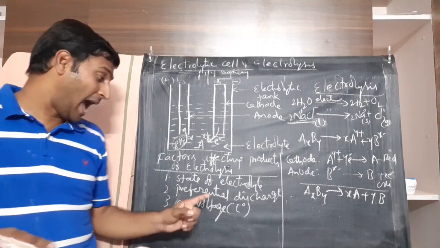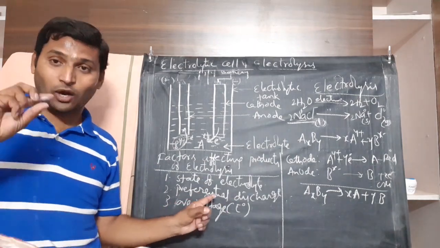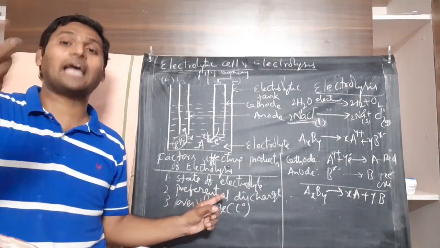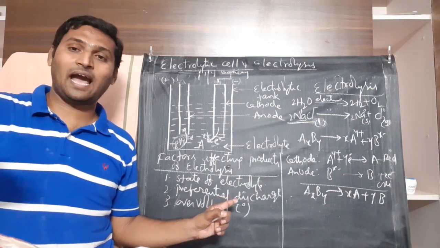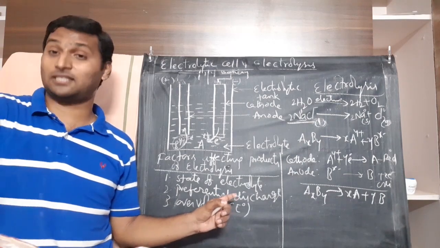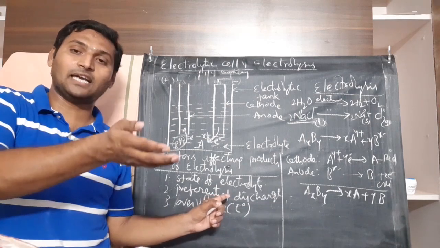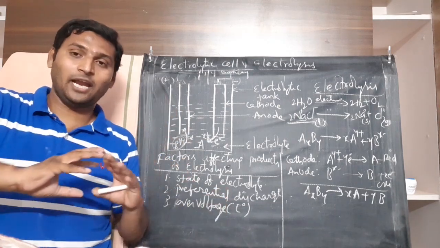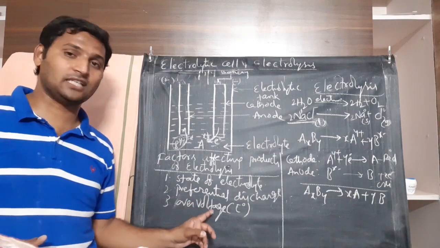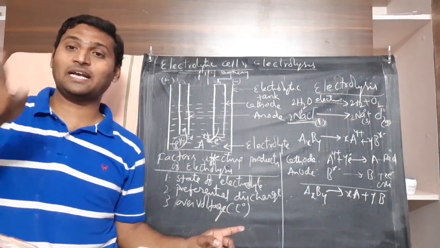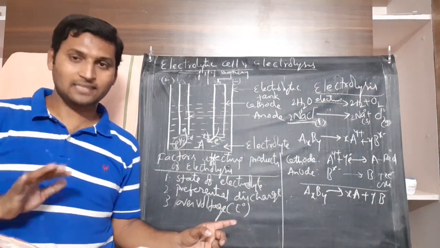That's why, as per the preferential discharge theory, whatever you account, that may not happen. Means the one having lower potential may not undergo oxidation at anode. The one having higher potential may not undergo reduction at cathode. It might reverse because of the extra voltage required because the species may be kinetically slow. We will get one example, don't worry.